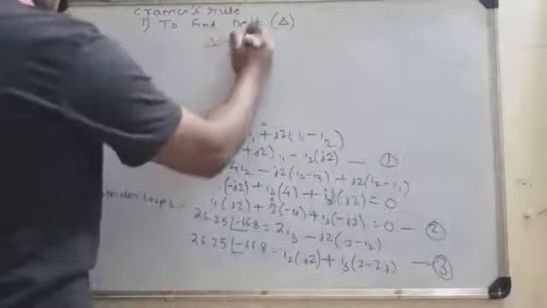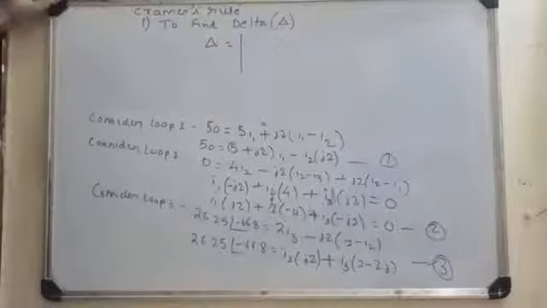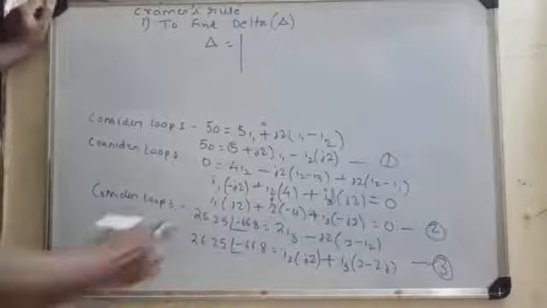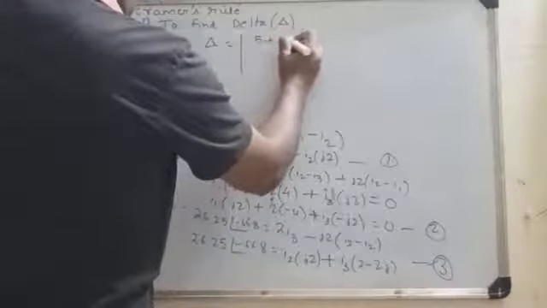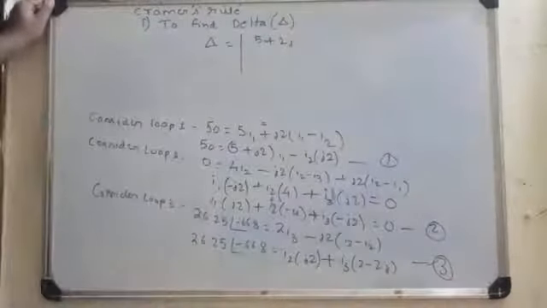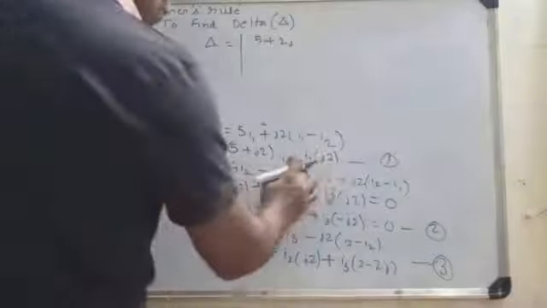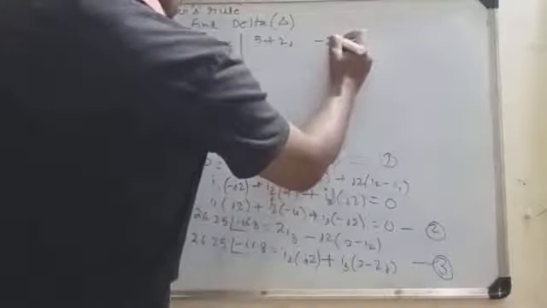Delta is the determinant of all the factors of these three equations. First, I1: 5 plus 2j, I2 factor minus 2j, there is no I3 factor, so 0.